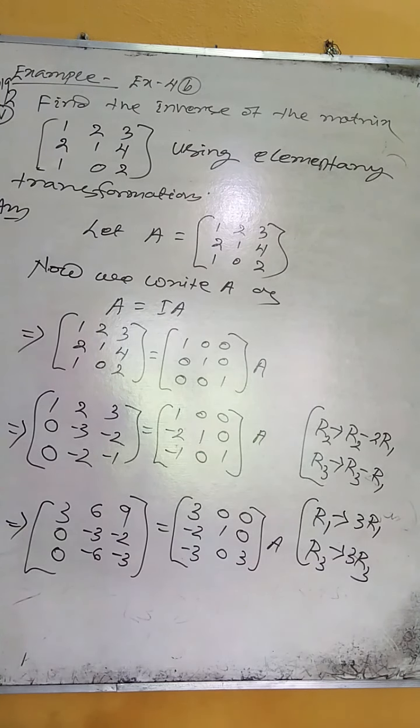Now we transform the first row element minus 5 times the third row element.